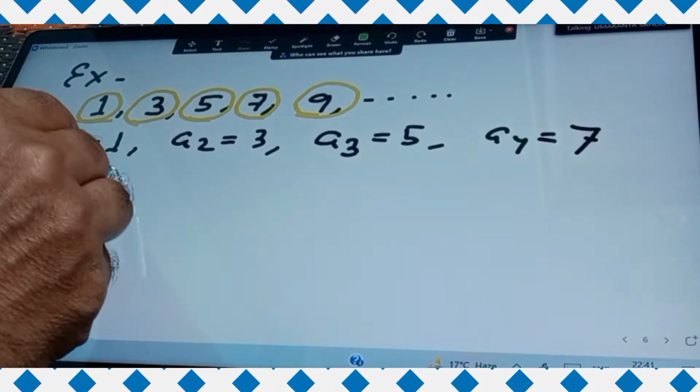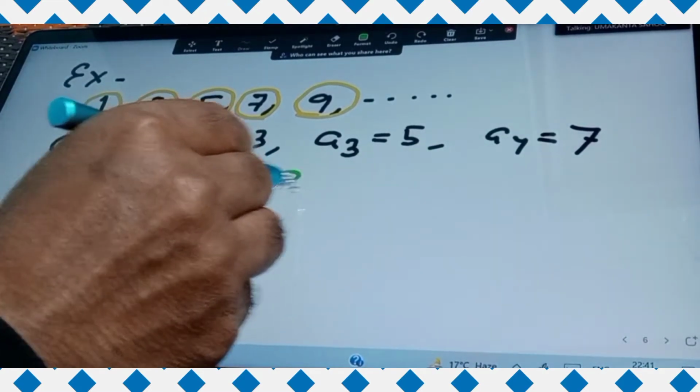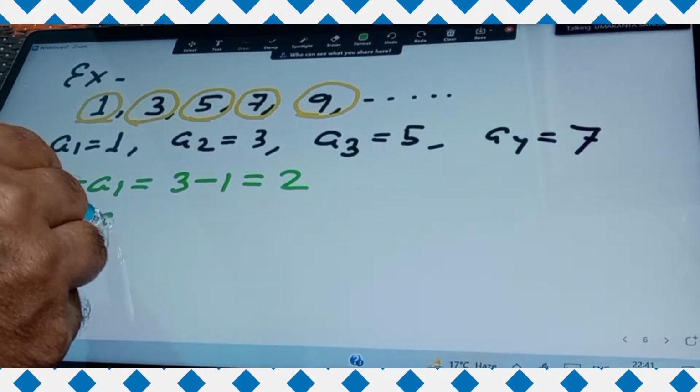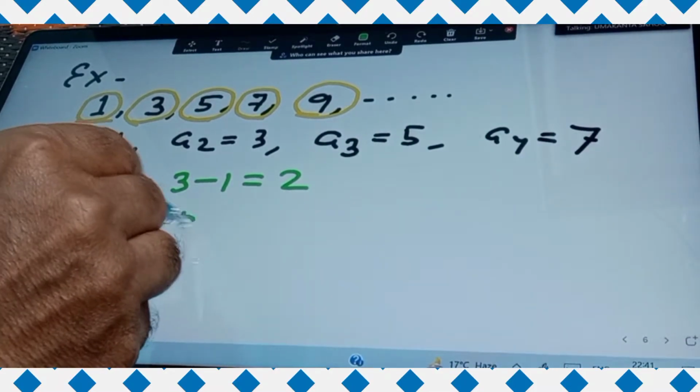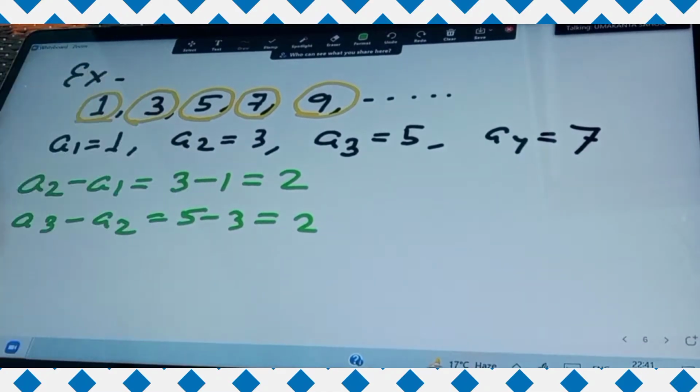A2 minus A1 is equal to 3 minus 1, which is 2. Similarly, A3 minus A2 is 5 minus 3, which is also 2. You can find here that the difference between any term and its preceding term is always 2.